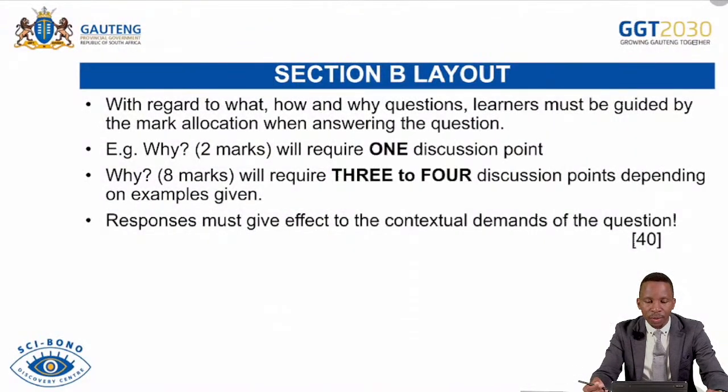And then we continue. With regard to what, how, and why questions, learners must be guided by the mark allocation. So it is very important that in this case, you look at the mark allocation before you respond. At times, it will be 2 marks, meaning you provide one answer in a full sentence, which is out of 2 marks. At times, it will be 4 marks. That means you provide 2 answers in full sentences, for which each of them is 2 marks.